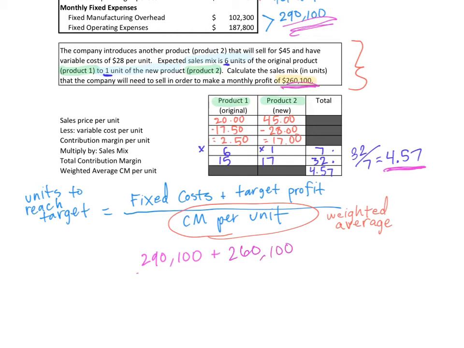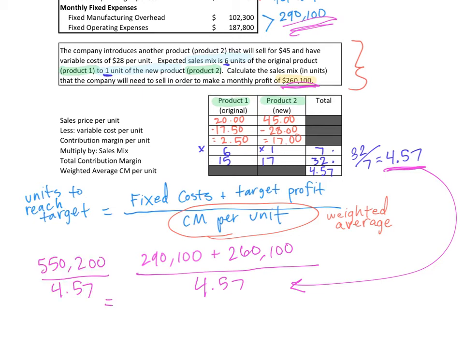And finally, for the denominator, we use our weighted average contribution margin of $4.57. When we perform that computation, we get to 120,394 units. Note that I have rounded to the nearest whole unit.